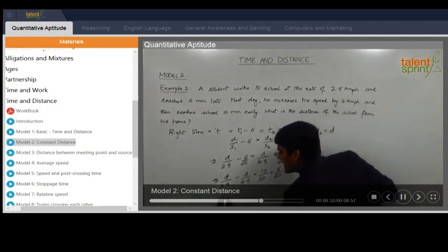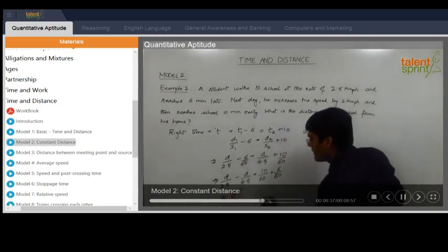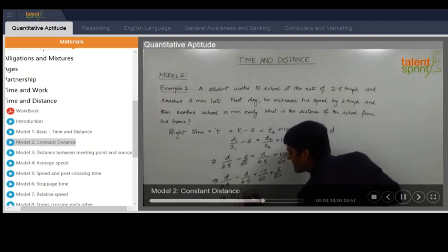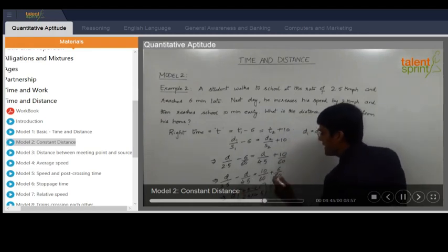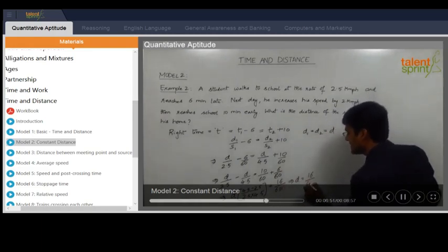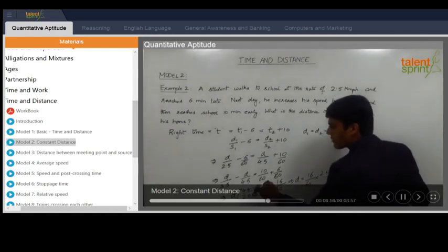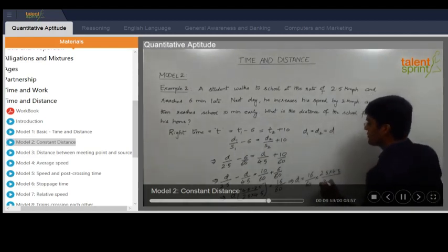So from this we can take d common, and if we take the LCM here, we get 2.5 into 4.5, and in the numerator we have 4.5 minus 2.5, and this side we have 16 by 60. So from this, d will be equal to 16 by 60 into, this goes on the other side, 2.5 into 4.5 divided by 4.5 minus 2.5, which is 2.